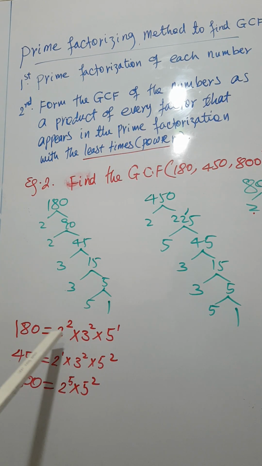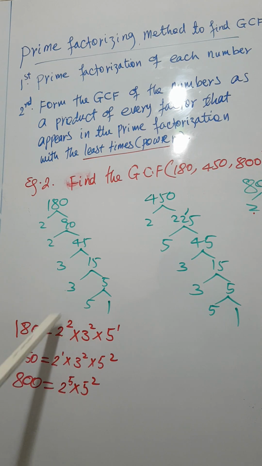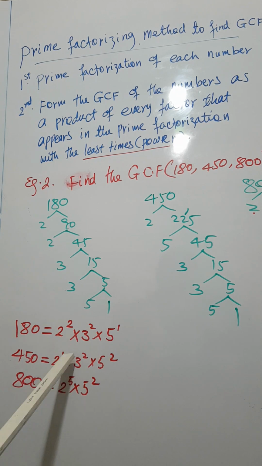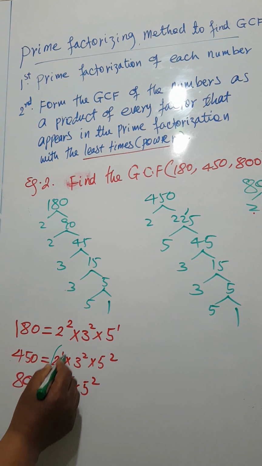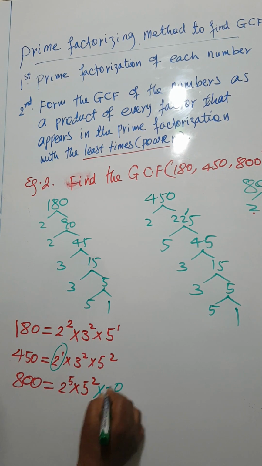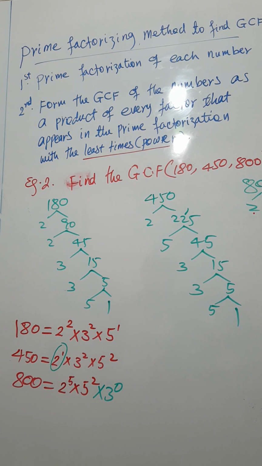So 2 appears here as 2 to the power of 2, here as 2 to the power of 1, and here as 2 to the power of 5. Now the least one is 2 to the power of 1. Now 3 doesn't appear here, or in other words, 3 appears here as 3 to the power of 0. It's possible because 3 to the power of 0 is 1.